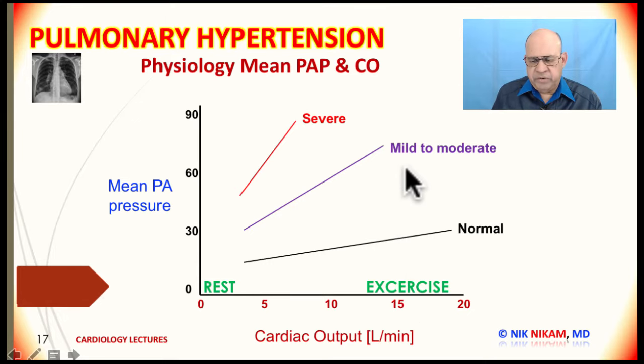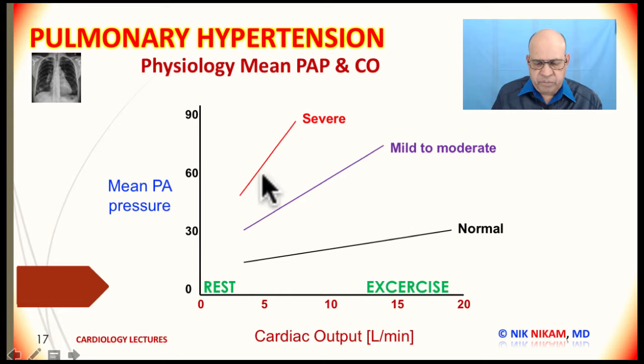But in patients with mild to moderate pulmonary arterial hypertension, because of the fixed nature of the pulmonary arterial bed, there is a dramatic increase in the mean pulmonary artery pressure with increased cardiac output related to exercise, and this can also lead to significant dyspnea.